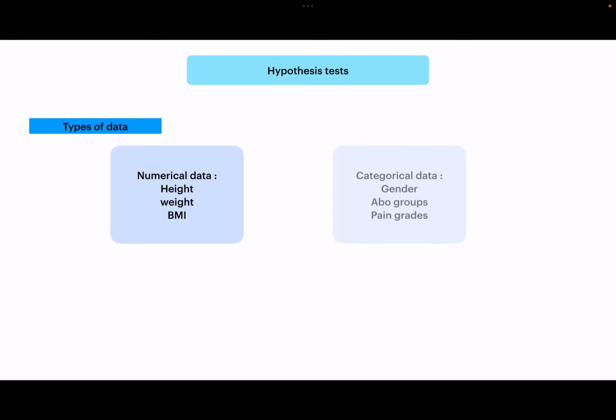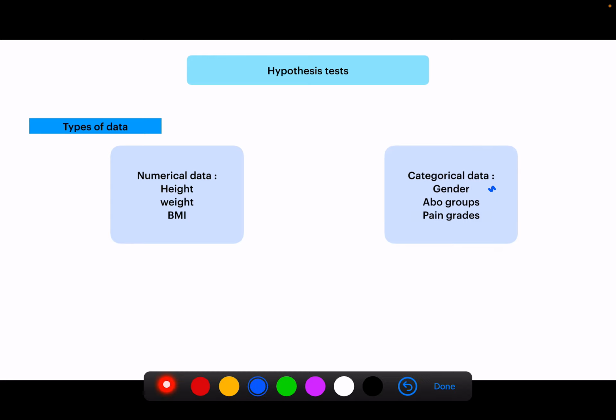Another type of data is categorical data, such as gender, male and female, and ABO groups, which are A group, B group, O group, etc. Also grades, which are severe, moderate and mild.